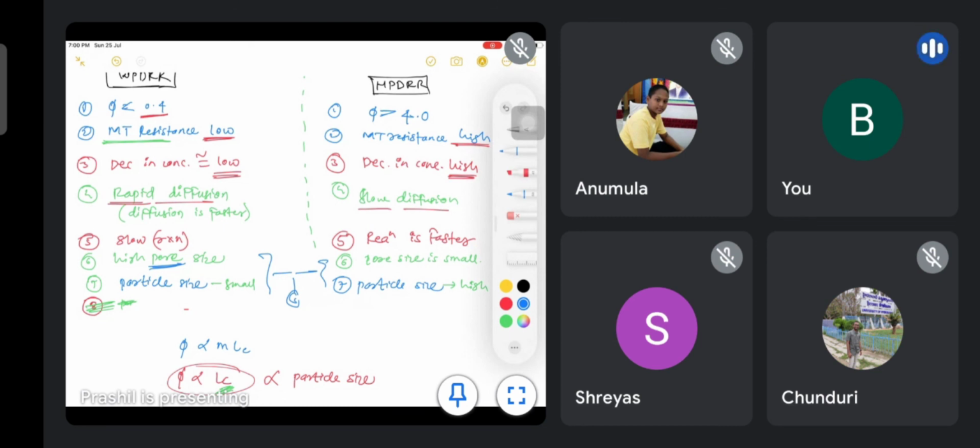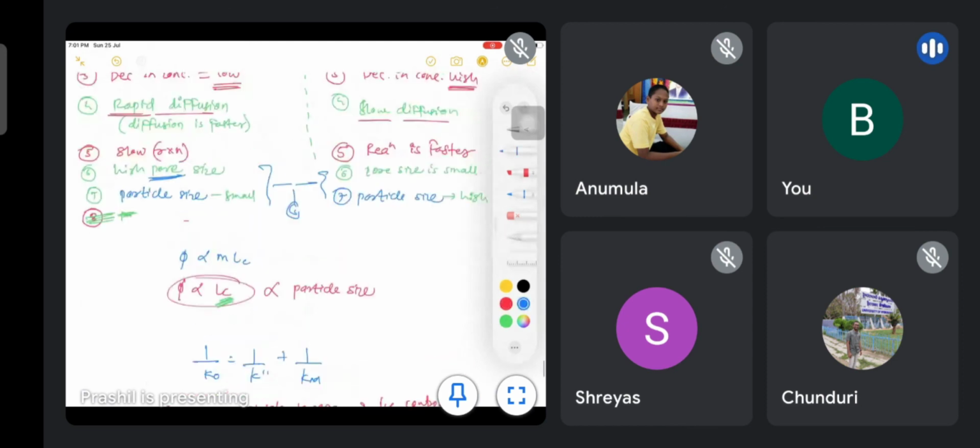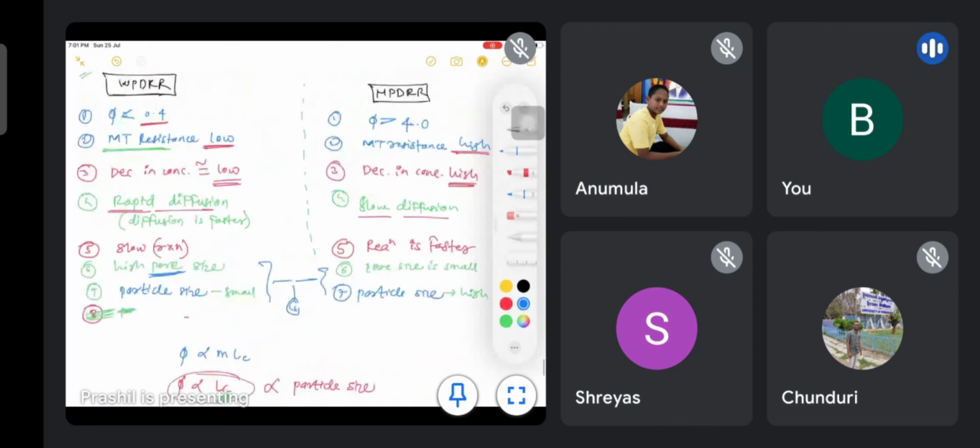So tell me, suppose here I am just comparing two. So one will be high, one will be low. Here when I told you your mass transfer resistance is low, that means you are having high mass transfer. Resistance is low means mass transfer is high, that means comparatively reaction will be slower.